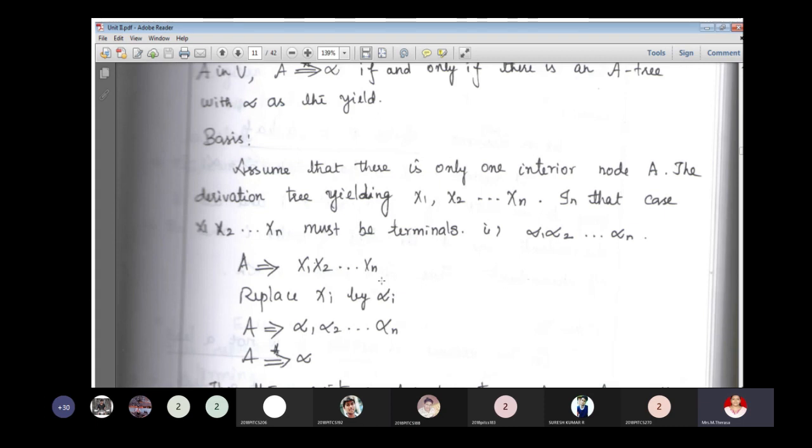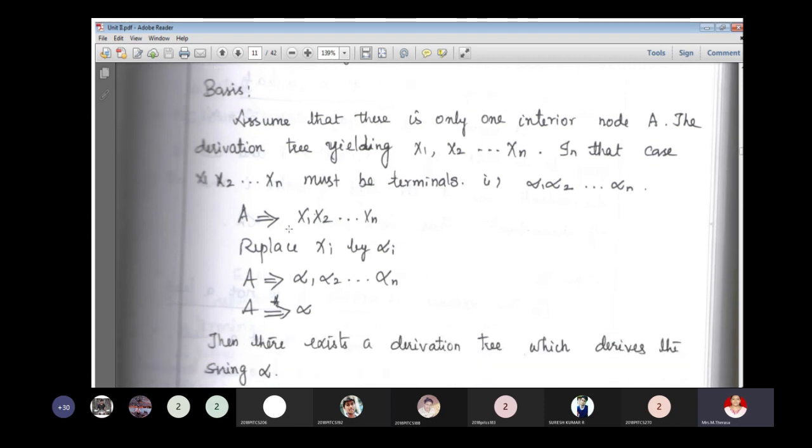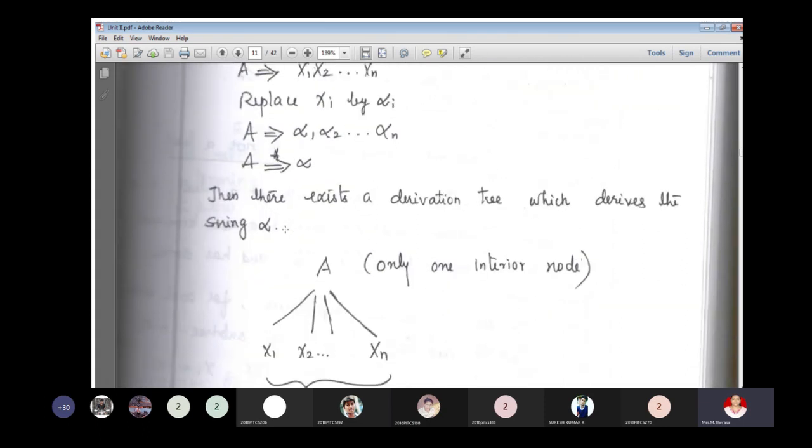In that case, x1, x2, xn must be terminals. Suppose you have only one interior node and it has some children labeled x1, x2 and so on, and these should be terminals. So x1, x2, xn can be written as alpha 1, alpha 2 and so on; in general we can write it as alpha. So it is proved in the basis case.